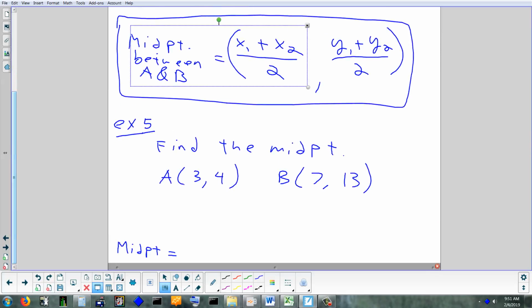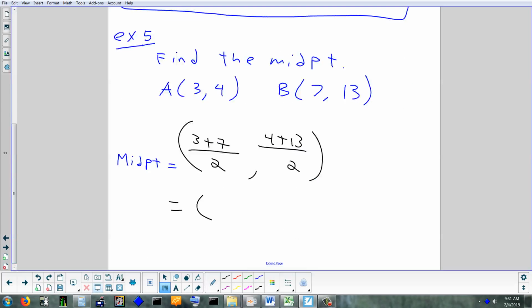All right, so the midpoint formula says to add them up and divide by 2. So I'll do that. And Aiden, what are my two y values? 4 and 13. 4 and 13. It says to add them up and divide by 2. Aiden, would it make a difference if I did 13 plus 4 instead of 4 plus 13? No, that doesn't really matter.